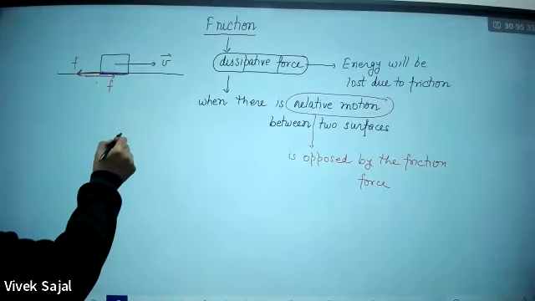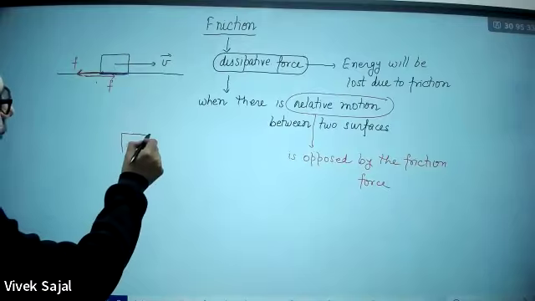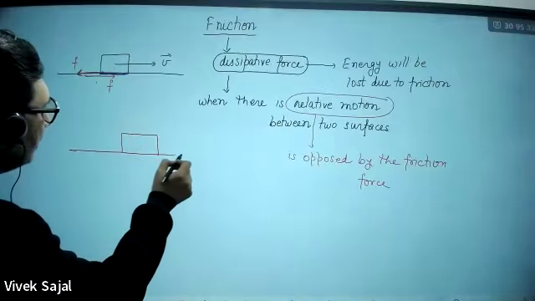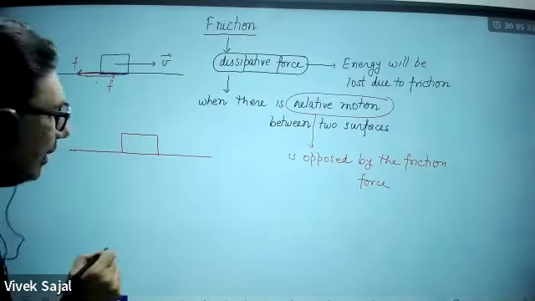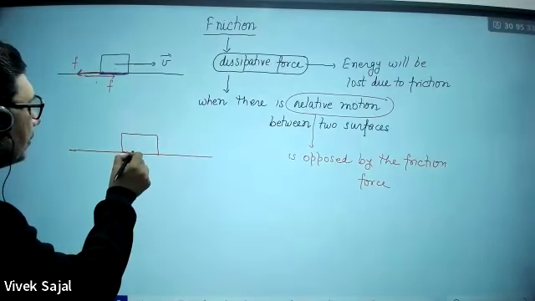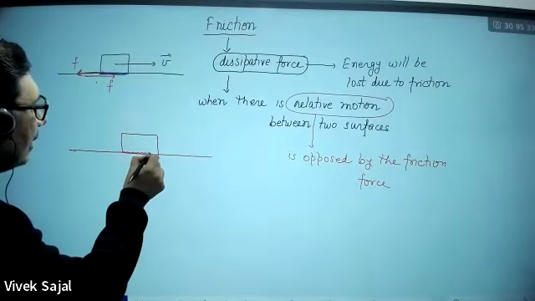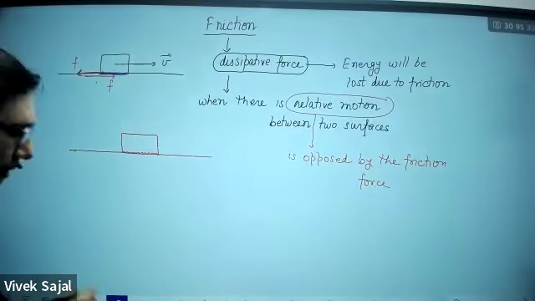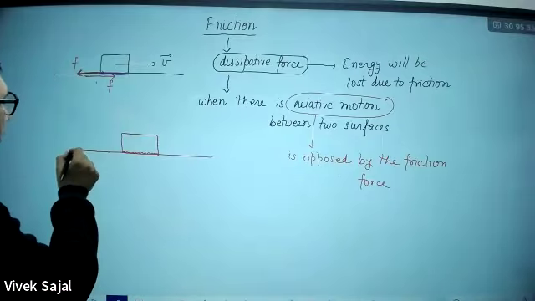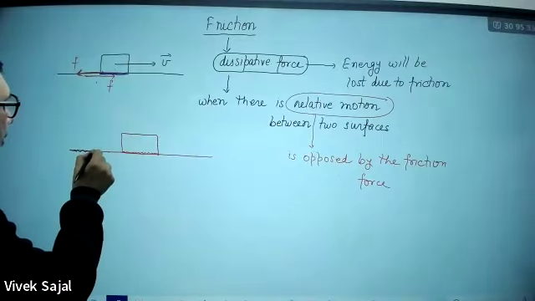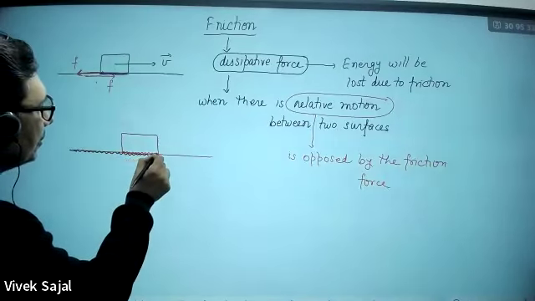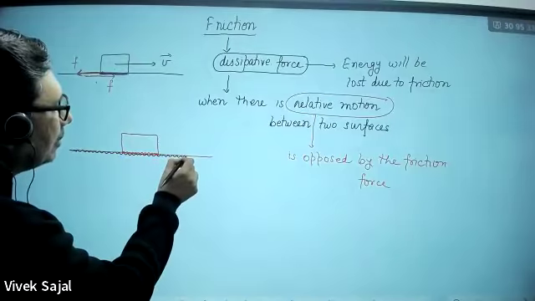Why is this friction force coming into the picture? If you look at the microstructure, try to understand. If this is the ground surface, what you are going to find is that the lower surface of this block is like this. And the upper surface of the ground also has microstructures like this. Troughs and crests.